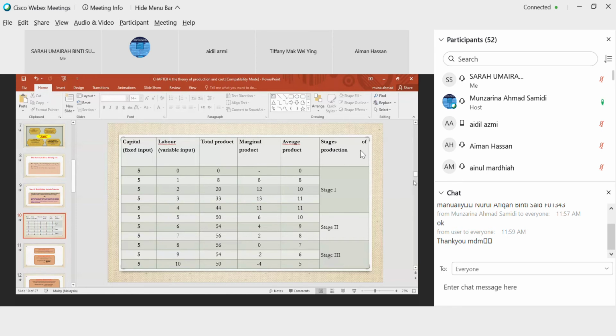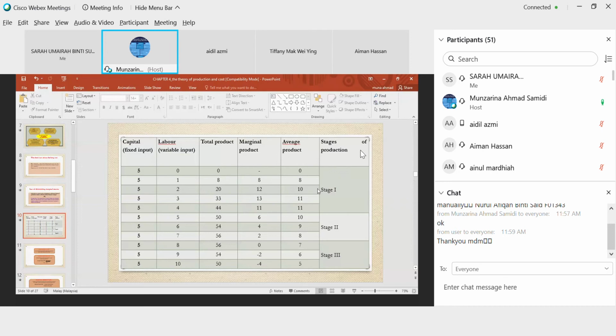Okay, welcome back. I hope you understand. I hope you know how to calculate the total product, marginal product and average product. At the left column and right column here, you get these stages of production.